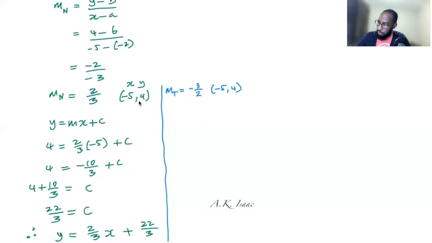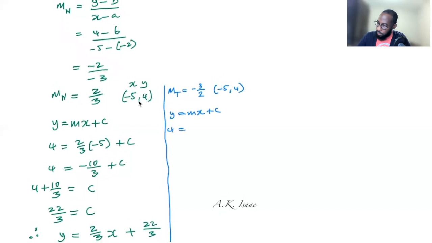And we do the same thing. y equals mx plus c. 4 is equal to -3 over 2 times -5, which is 15 over 2, plus c.